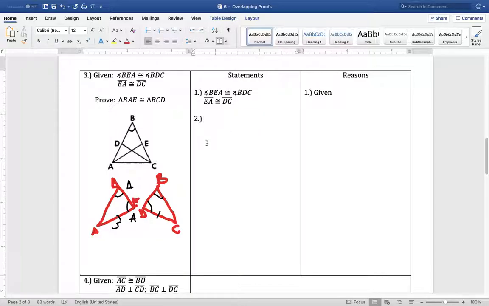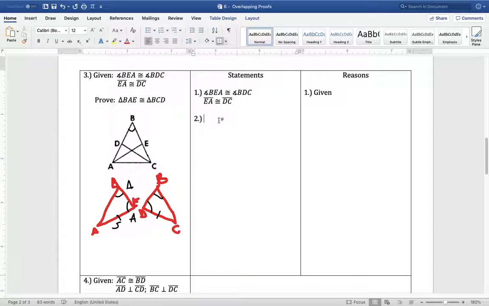And what we need to do now after we have our givens in is put that last piece in, which was angle B congruent to angle B. Really, this is a pretty simple proof because we already know that we have the two angles and the two sides given to us. So essentially this one is kind of a no-brainer.